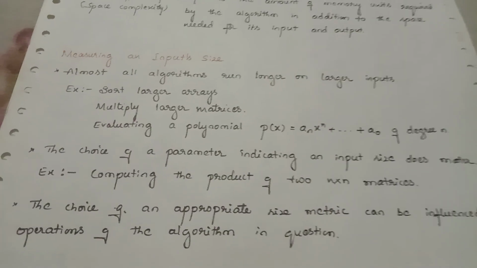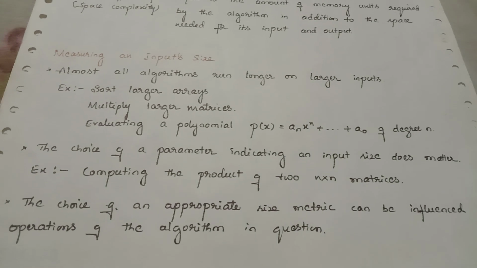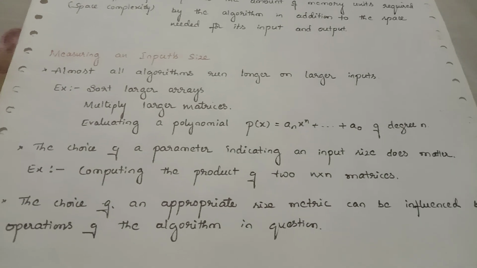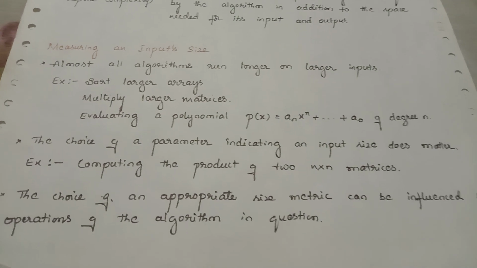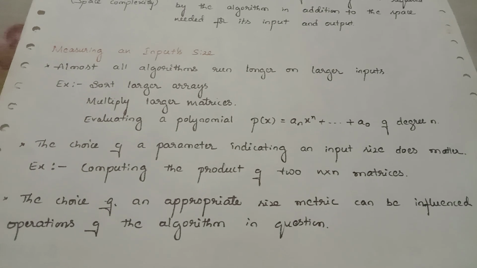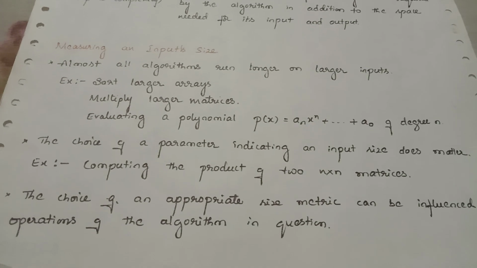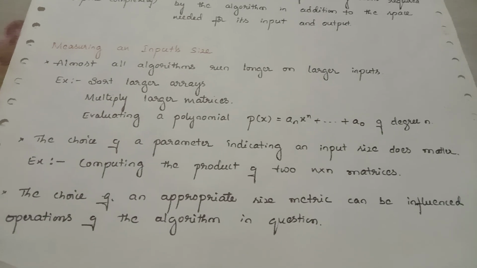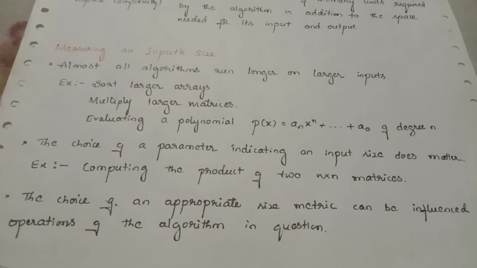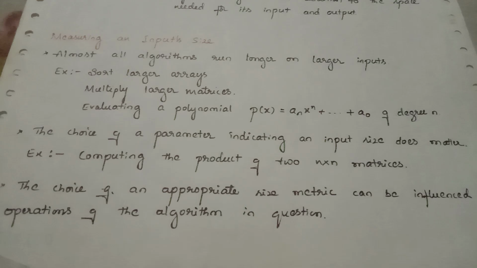With more inputs given, that is, when the size of the input increases, the running time of your algorithm also increases. For example, if we have a larger array, sorting will take more time, because as the number of array elements increases, the time taken to sort the elements also increases.